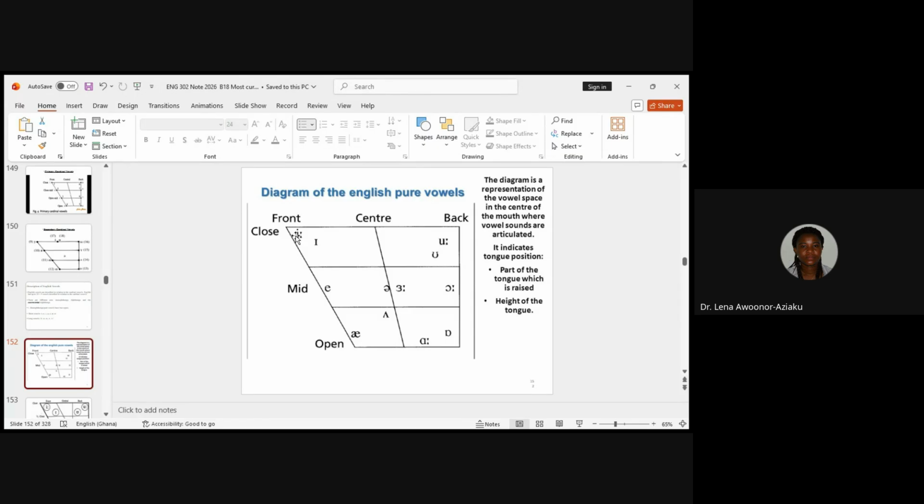The spelling of this vowel is mostly E-E, the letters E-E. So it is called FLEECE. And this is vowel number 1.